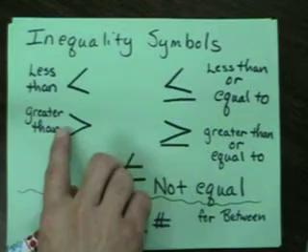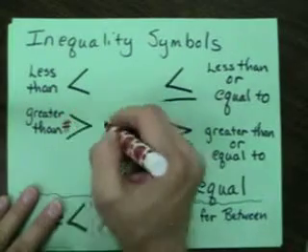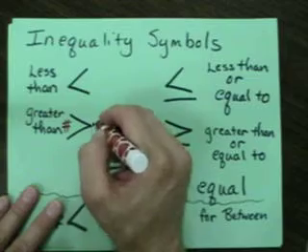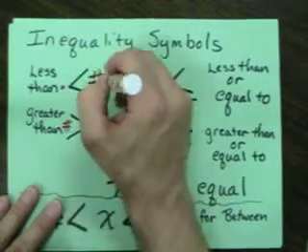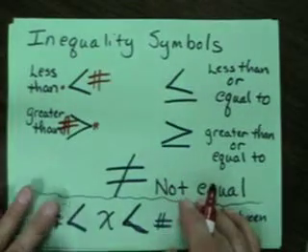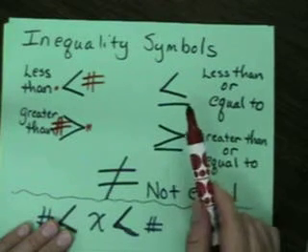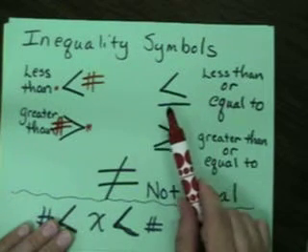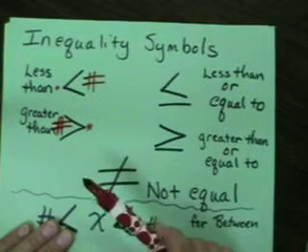Remember that the open side always has the larger number, and the smaller side always has the small number. So small number, large number. Okay? Now, sometimes the inequality also contains an equal. So if it's got a line underneath, it means less than or equal to or greater than or equal to.